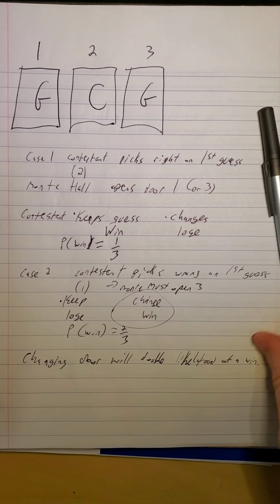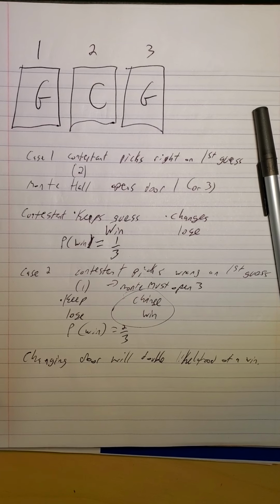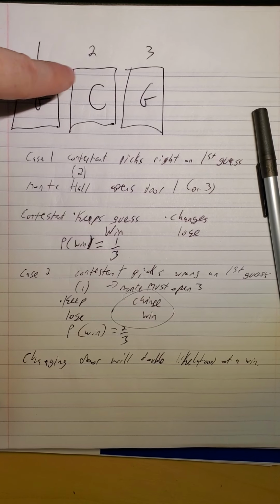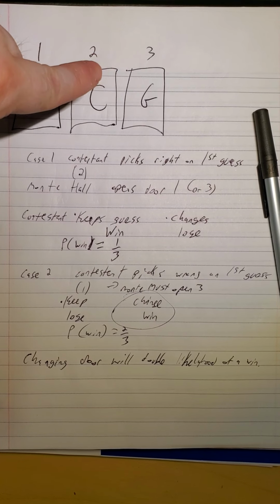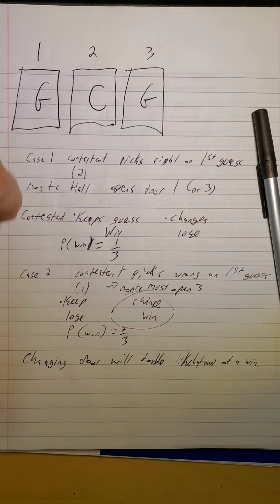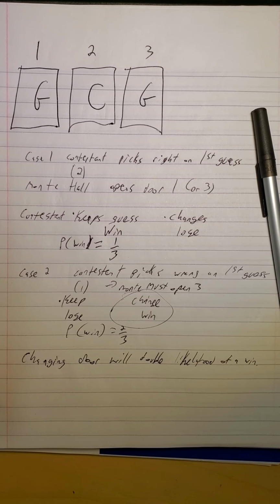So even though it sounded like a 50-50 shot, there's one with the car, one with the goat, it sounded like a coin toss, because of the condition that Monty Hall knows where those goats are, it's actually to your advantage to switch your guess. That was a controversial problem at the time.